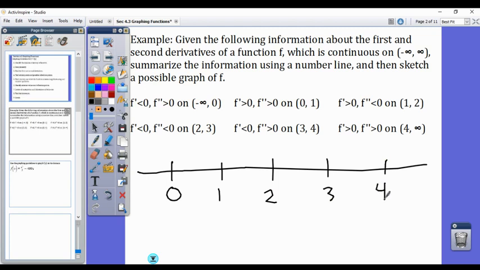Okay. So what I'm going to do, and I'm going to do this for each one of these examples, is at the top here, I'm going to deal with the first derivative. And actually, let me scoot that over a little bit.